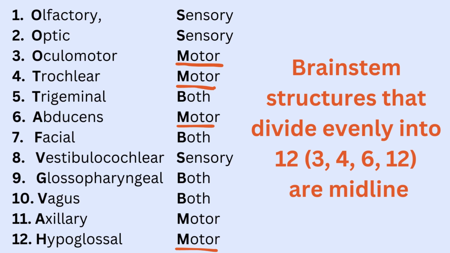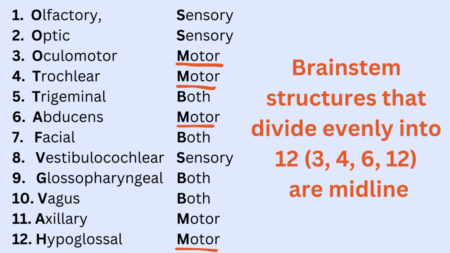This is helpful, but we can't just rely on the cranial nerve being motor to determine if this is a midline structure. Instead, what we use is kind of another rule of four, slightly different. We talk about numbers that divide evenly into 12. Those are our midline structures.